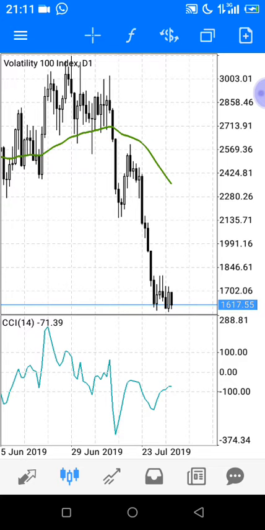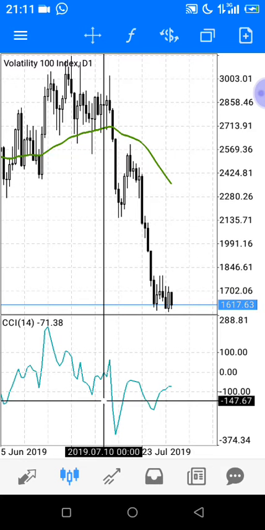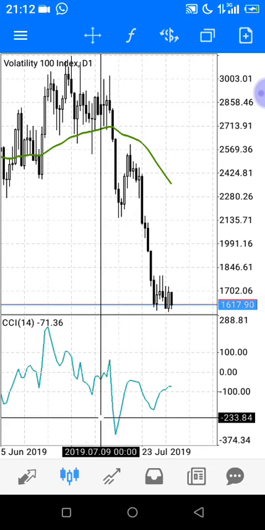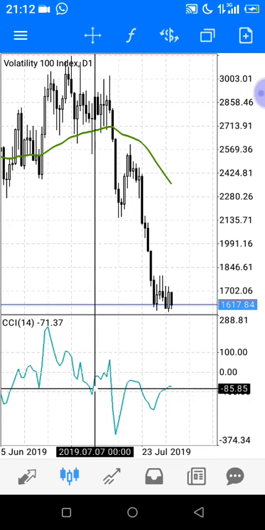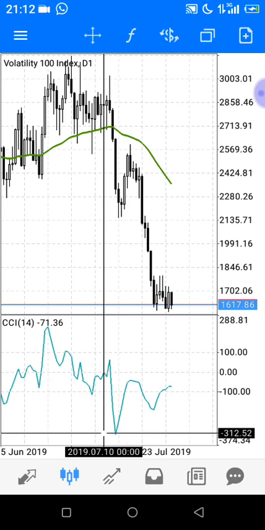That's the first condition. The second condition is the commodity channel index value should be lower than -100. That is the bottom part right here. That is where it should be, in that range, from minus 100 going down.